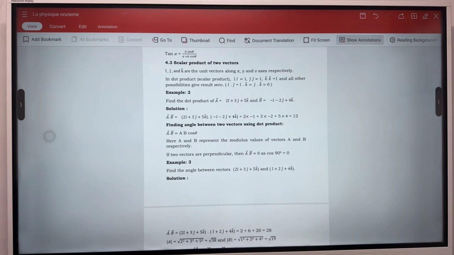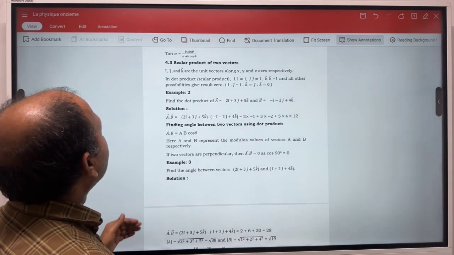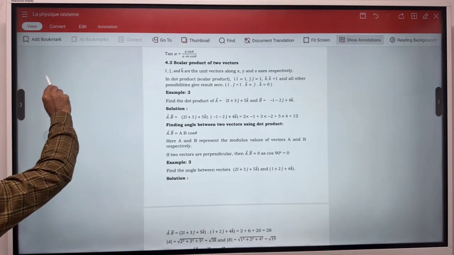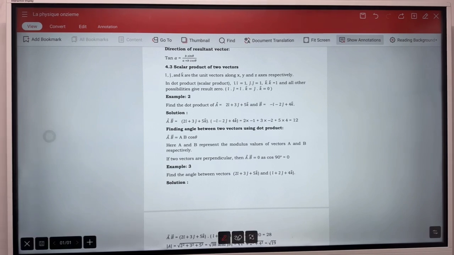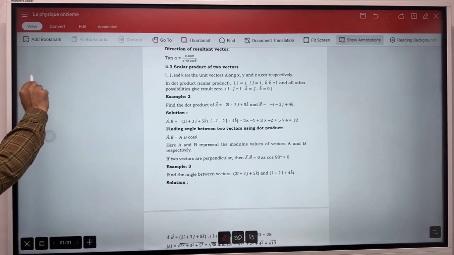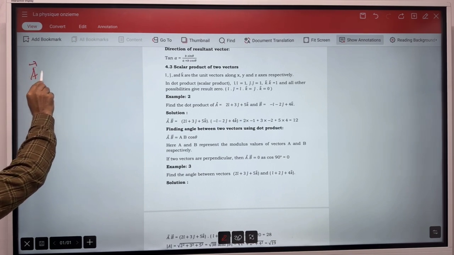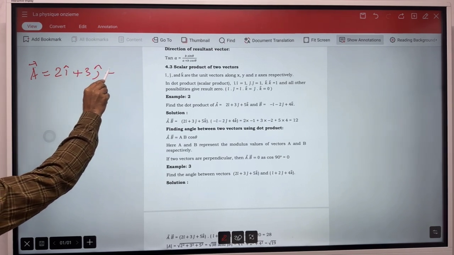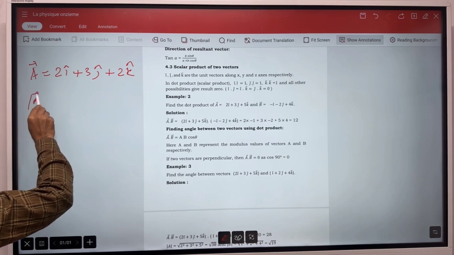Now, by using this concept, we are going to do some questions of dot product. So the concept that we will make use of will be the modulus of any vector and then dot product of the vectors. So modulus, if you recall, suppose you are given vector A equal to 2i cap plus 3j cap plus 2k cap, and you find its modulus.